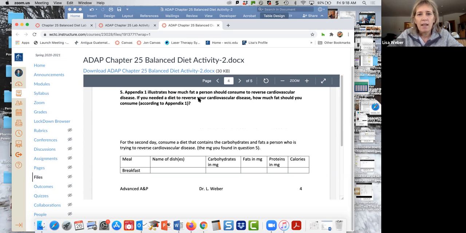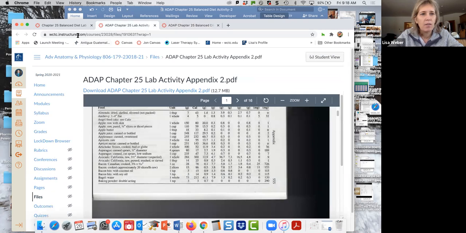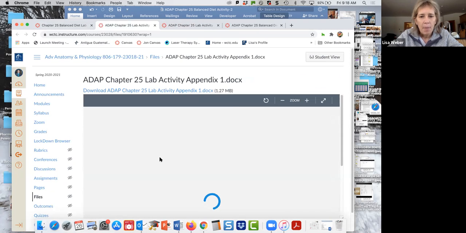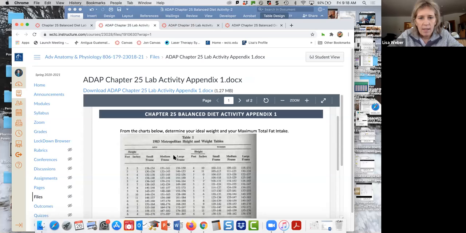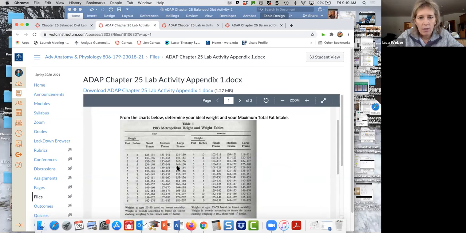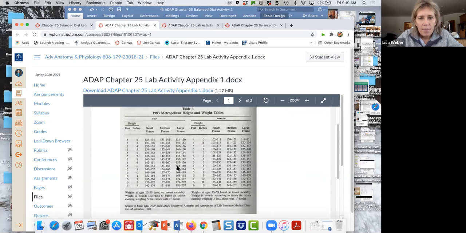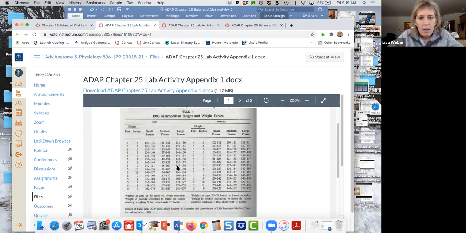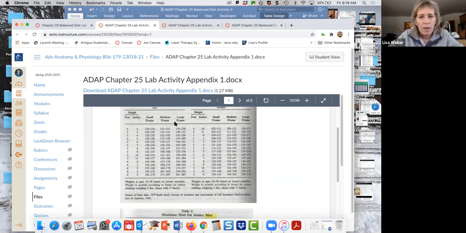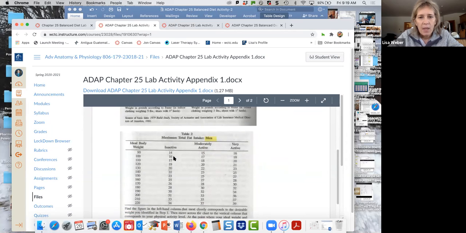So then you look at that chart, the other appendix, to see how much fat a person should consume to reverse cardiovascular disease. So if we go back to our diet and we look at this appendix, first of all, this one is for men and women. You're looking at your ideal weight. So first you find your ideal weight, whether you're small frame, medium frame, or large frame.